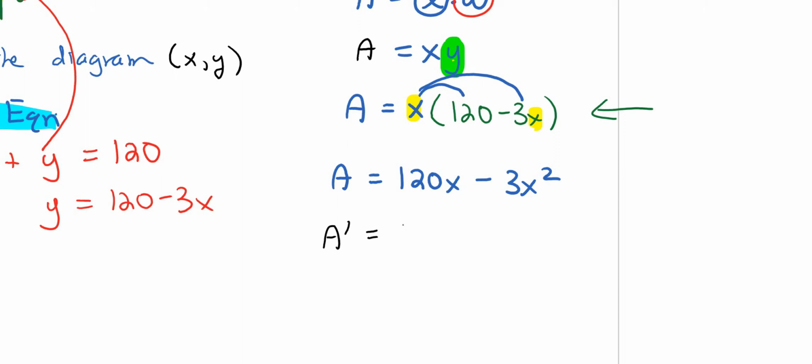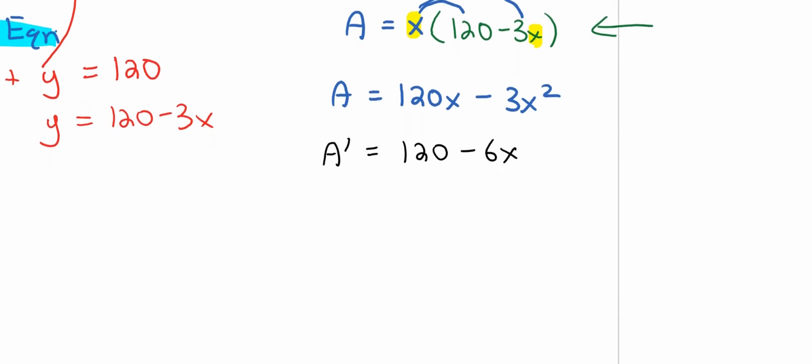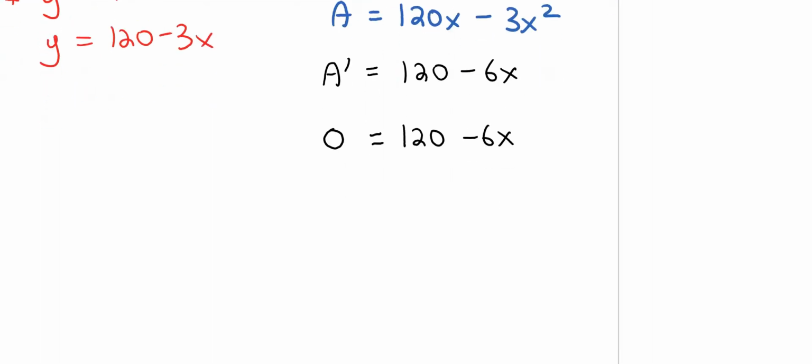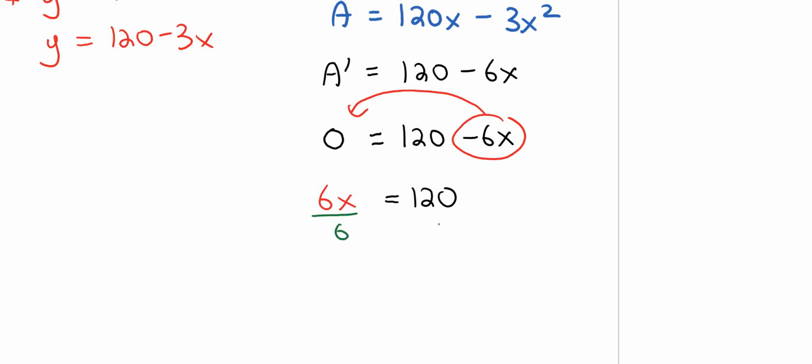So A prime would equal 120 minus 6x. If I want to maximize or minimize anything, I need to take the derivative and set it equal to 0. So 0 equals 120 minus 6x. Then we just solve for x here. Bring the negative 6x over, so that would be 6x equals 120. Then divide both sides by 6.